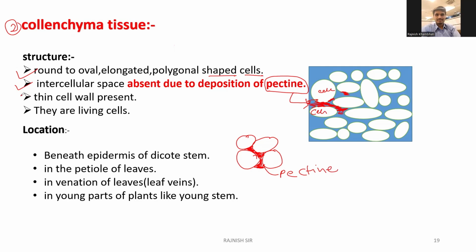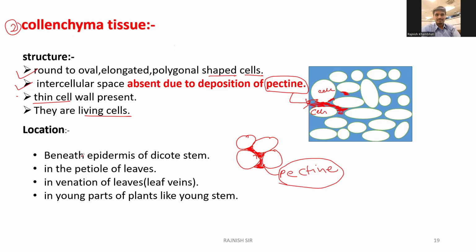They also have a thin cell wall, the same as parenchyma. They are also living cells. So parenchyma and collenchyma are almost similar, except for this pectin and intercellular space.